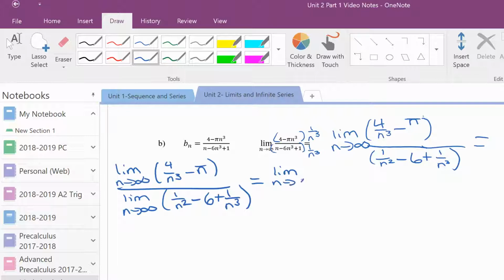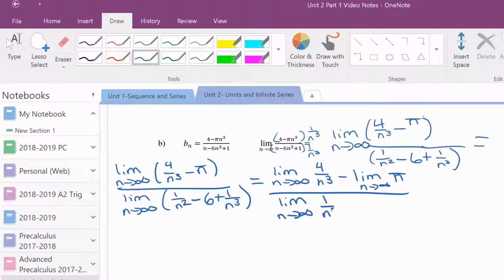The limit as n approaches infinity of 4 over n to the third minus the limit as n approaches infinity of pi over the limit as n approaches infinity of 1 over n squared minus the limit as n approaches infinity of 6 plus the limit as n approaches infinity of 1 over n to the third.